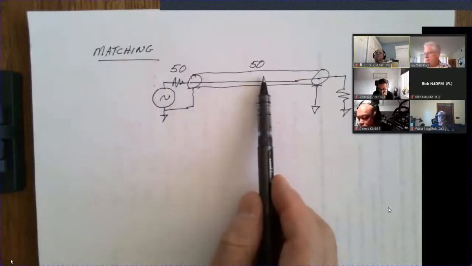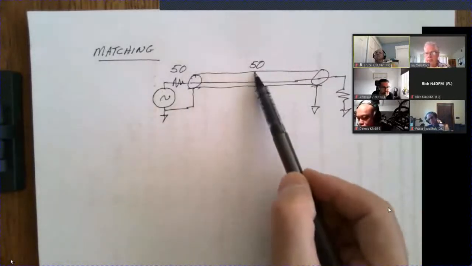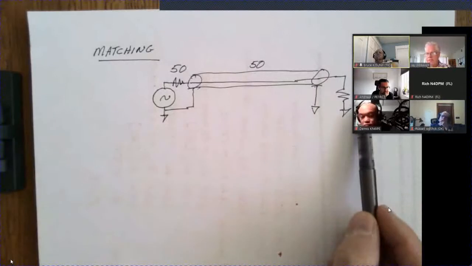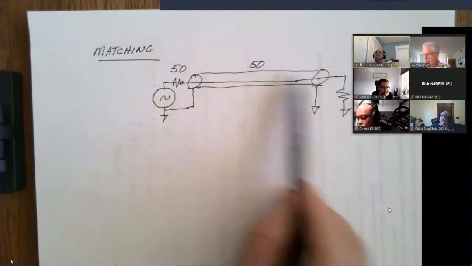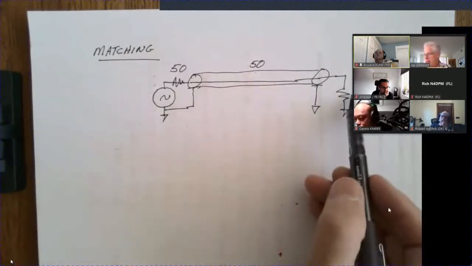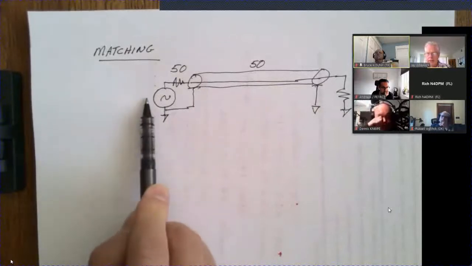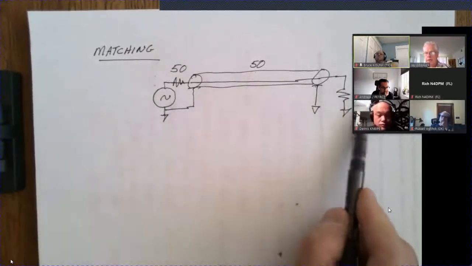So we would have a mismatch if we didn't use a 50 ohm cable, or this load wasn't 50 ohms. So you can have some kind of mismatch. And a mismatch means that if this was generating 100 watts, you may not get 100 watts at the load.